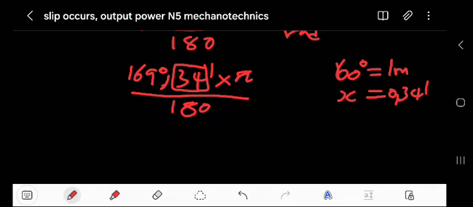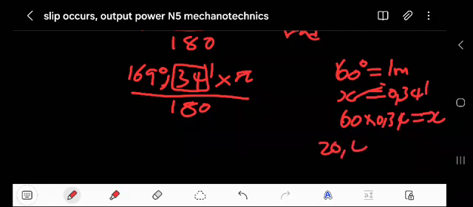You multiply 60 by 0.34, whereby we have x, which is in degrees. So 60 multiplied by 0.34, we'll have 20.4, which is x.